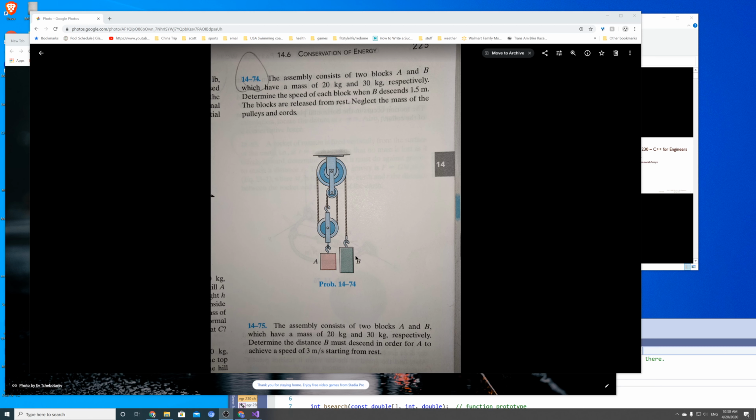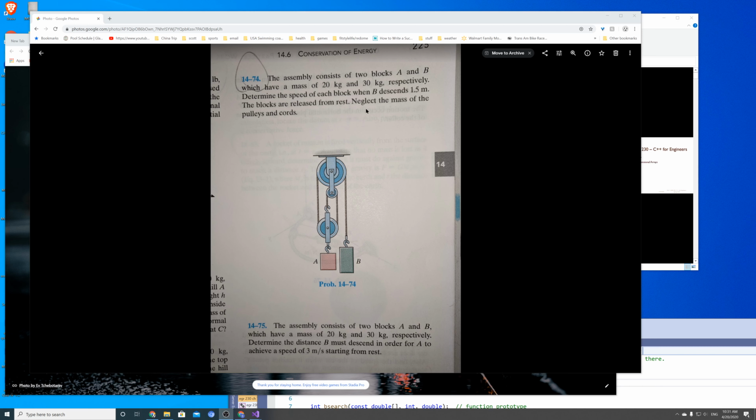Now, that energy is going to be made up of potentially two components: the potential energy due to their relative positions along the vertical axis, and also their kinetic energy, right?